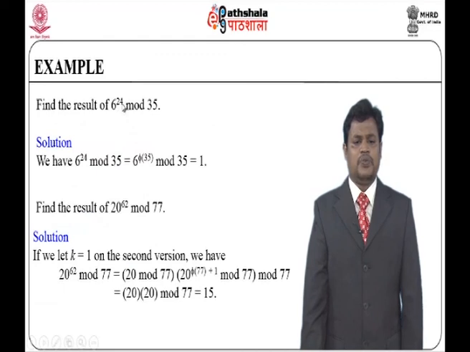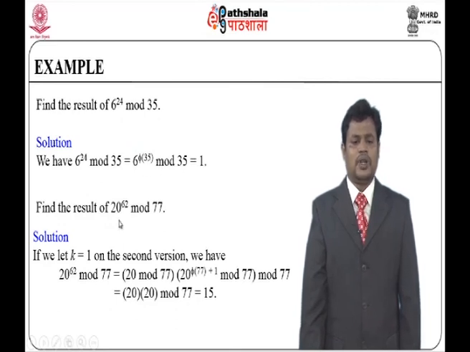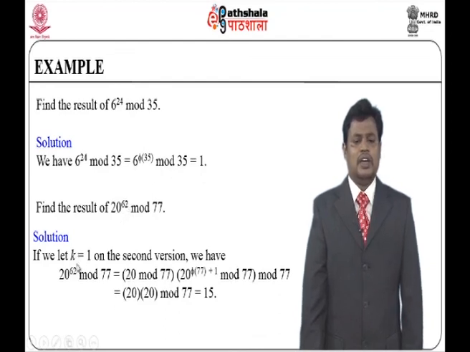6 power 24 mod 35: according to the first version, we can directly say that 24 is phi of 35, so we get 1. Similarly, for the second example, which is not covered by the first version, we use the second version. Here we consider k equal to 1, and we simplify phi of 77 plus 1, because phi of 77 is 60, so this is 61 plus 1, and we get 62.